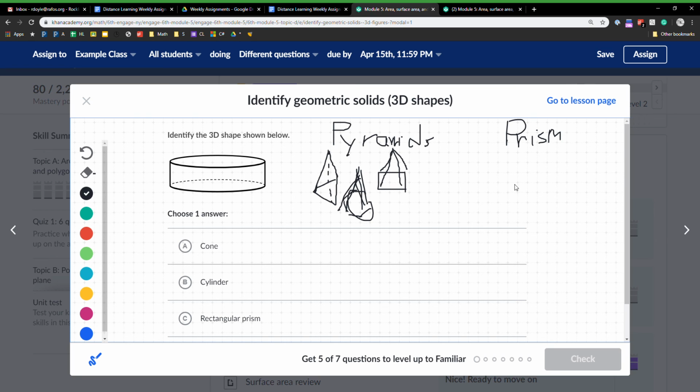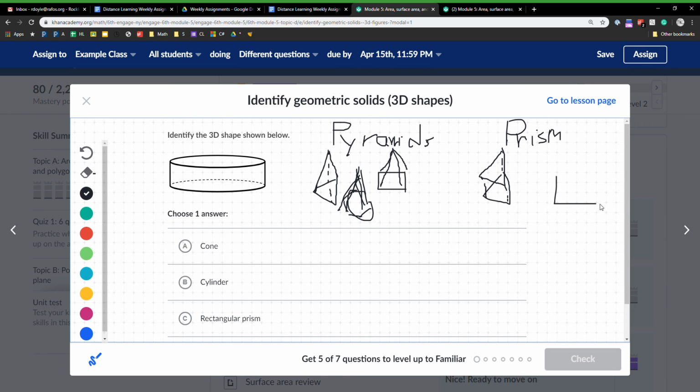A prism is the same concept. You'd have a triangle and then another triangle. If there are two bases, this would be a prism, and this is called a triangular prism because there are two triangles.